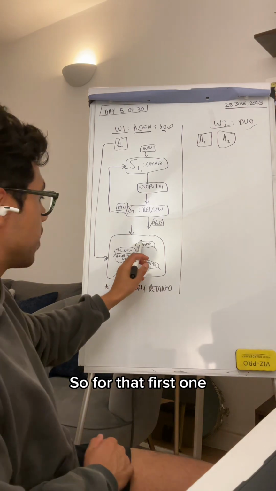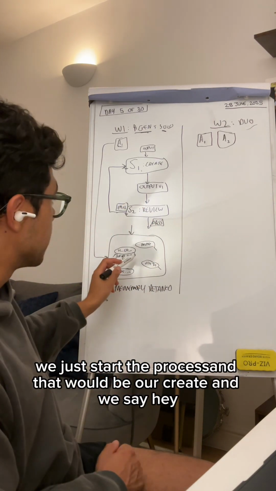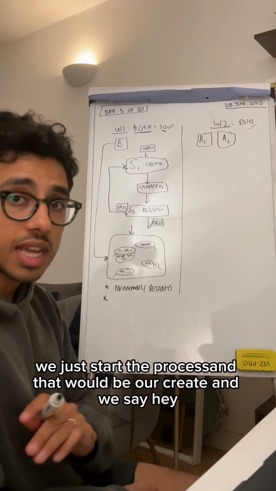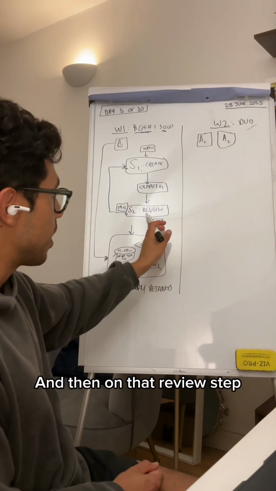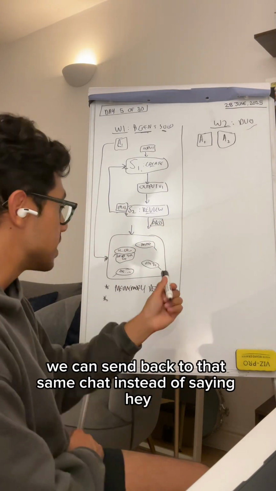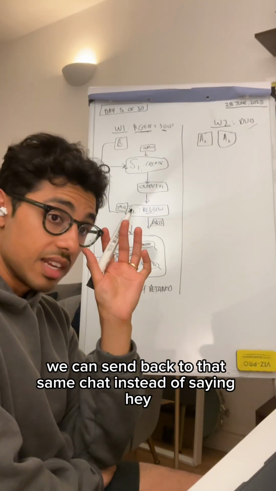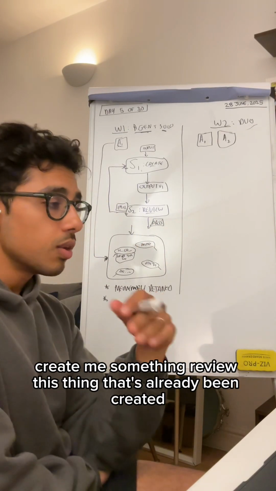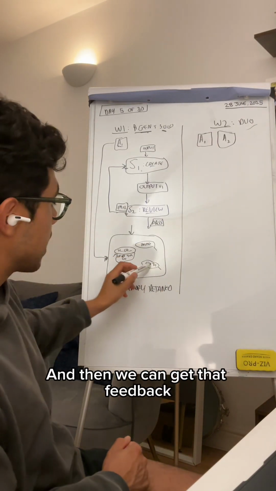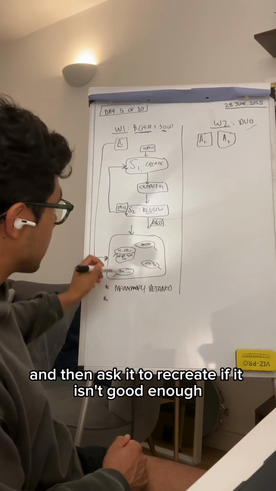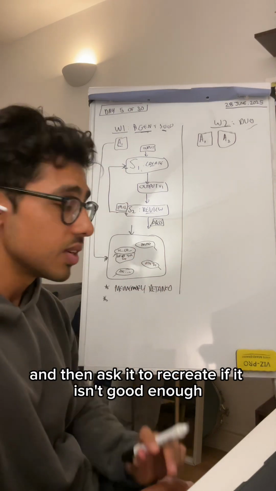So for that first one, we just start the process, and that would be our create. We say, hey, create me this thing. And then it goes off and does the thing. And then on that review step, we can send back to that same chat, instead of saying, hey, create me something, review this thing that's already been created. And then we can get that feedback and then ask it to recreate if it isn't good enough.